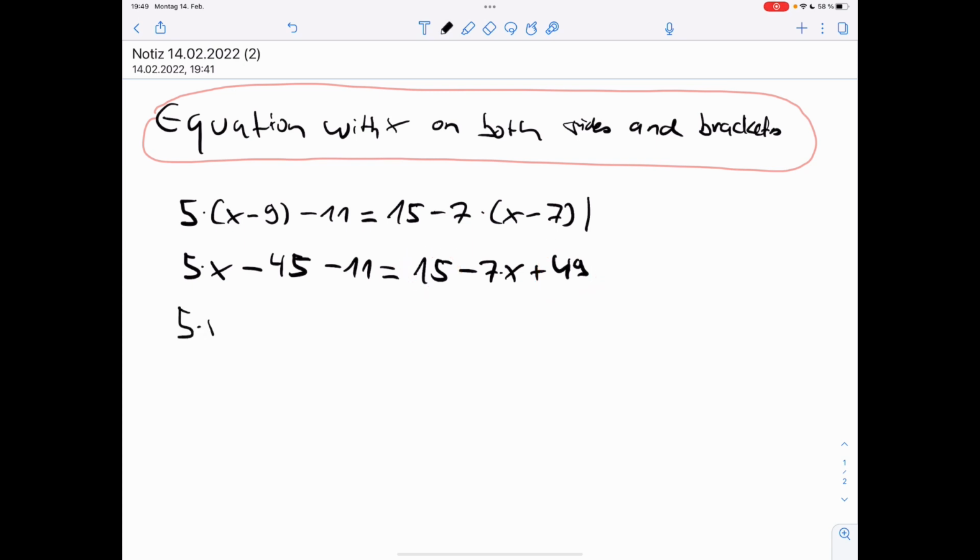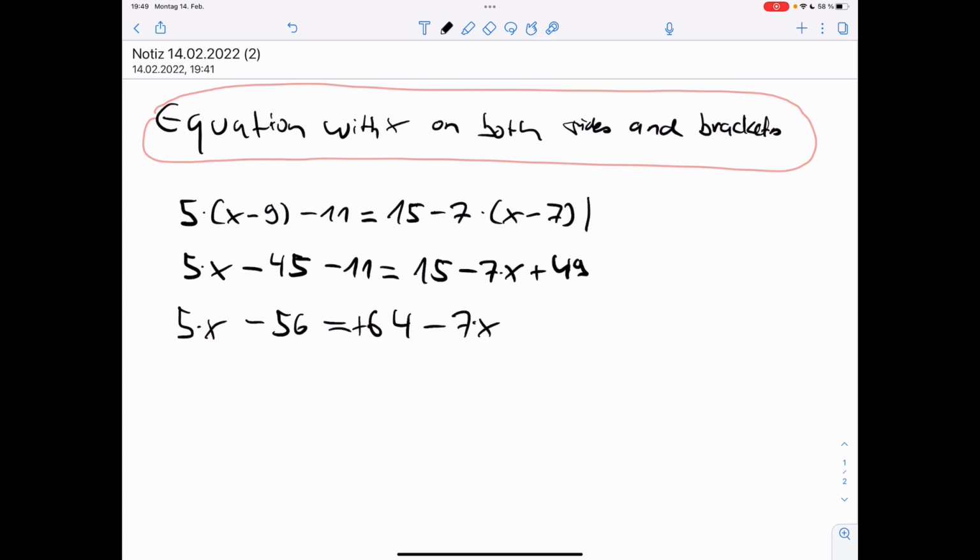So we have 5 times x, write down the old, and now add up minus 45 minus 11. That's minus 56 equals 15 plus 49, which is 64. Pardon, 64 plus 64 minus 7 times x.